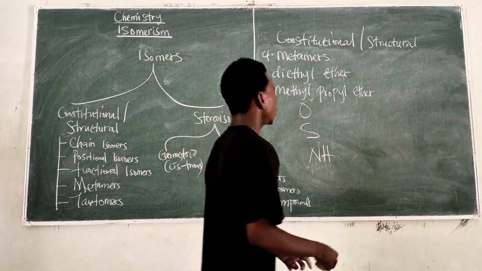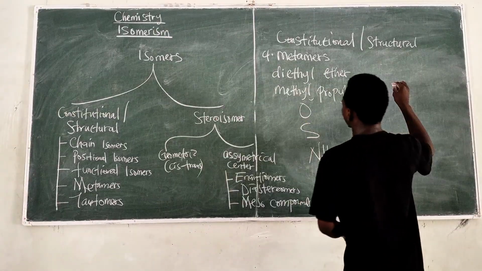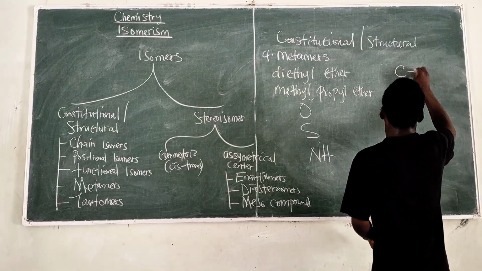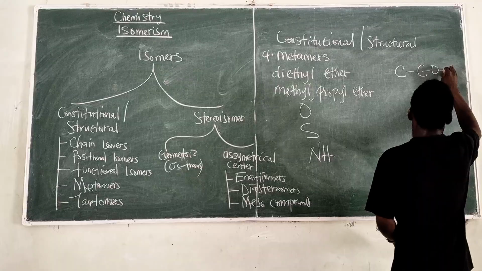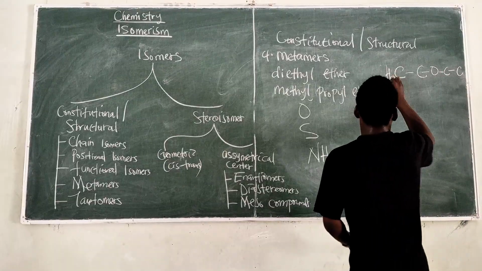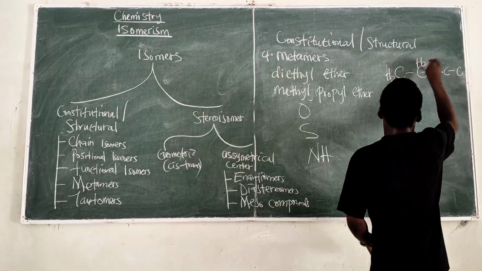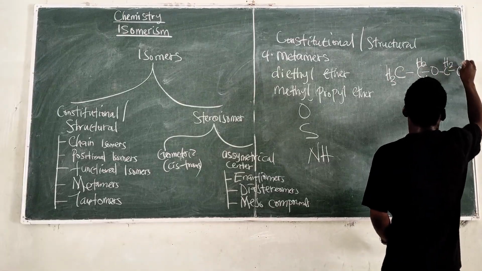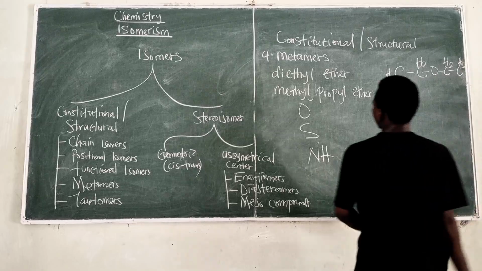So going by the structure, we have diethyl ether, which is this. This carbon is bonded to 3 hydrogens, this is bonded to 2, this is bonded to 2, and this is bonded to 3.